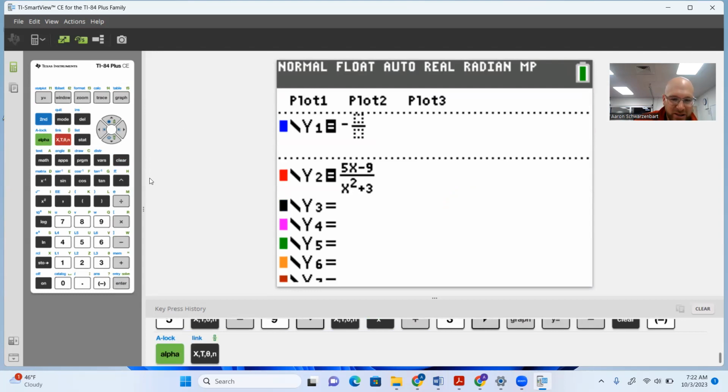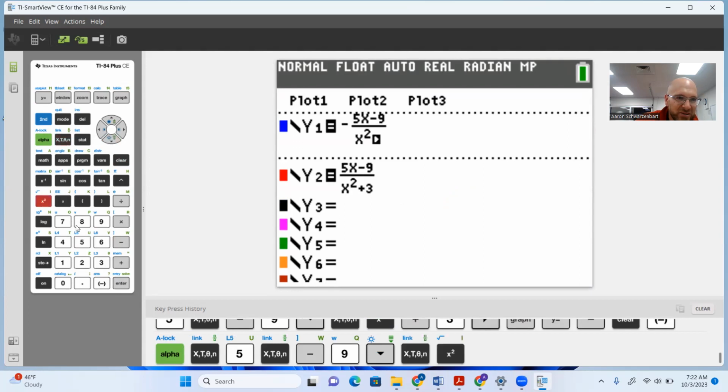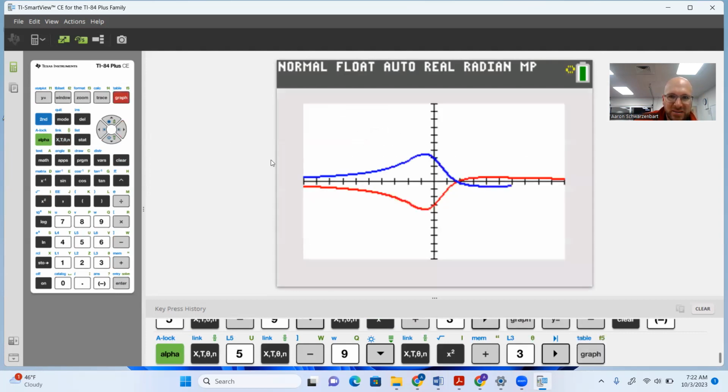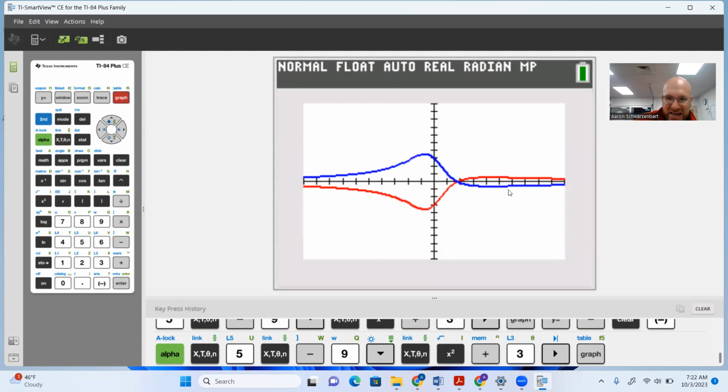Kind of wish I could connect my calculator and just type on that instead of having to use a mouse, but that's okay. X squared plus 3. And there we've entered it. And you can see it's exactly flipped across the x-axis, not the y-axis, the x-axis.